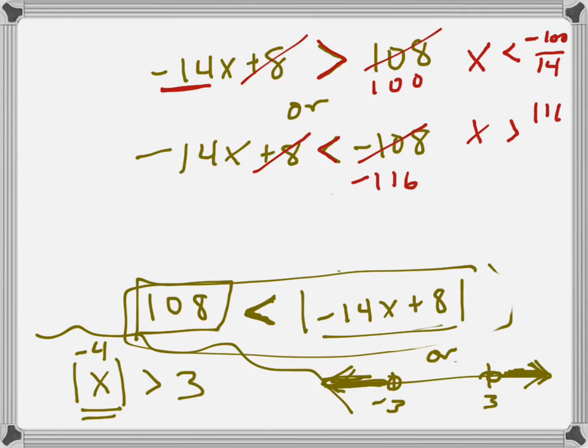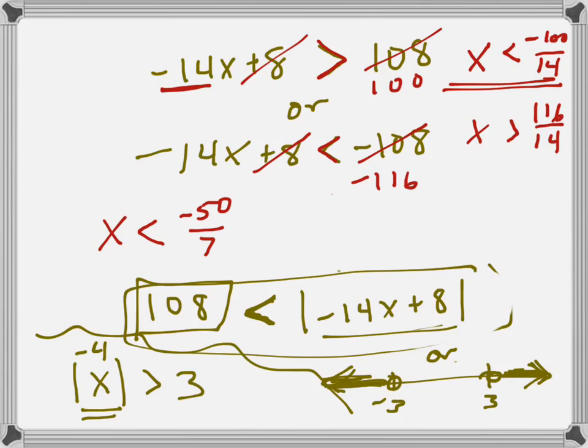It's going to be 116 divided by 14, simplifying both of these before you punch it in. You're going to want to simplify these. Just write them as reduced fractions. So here's my answer. Half of 100 is 50.